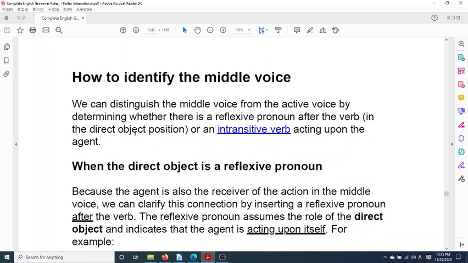How to identify the middle voice. We can distinguish the middle voice from the active voice by determining whether there is a reflexive pronoun. Those are the pronouns that end in self. After the verb in the direct object position, or an intransitive verb acting upon the agent.